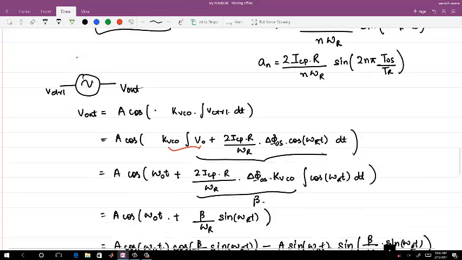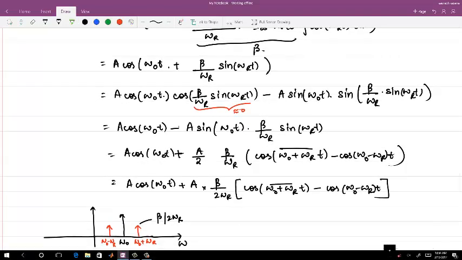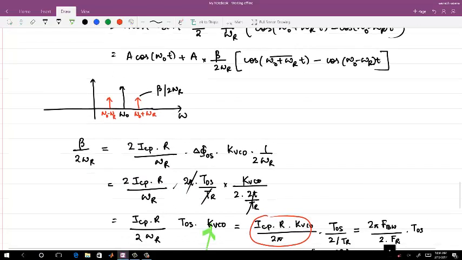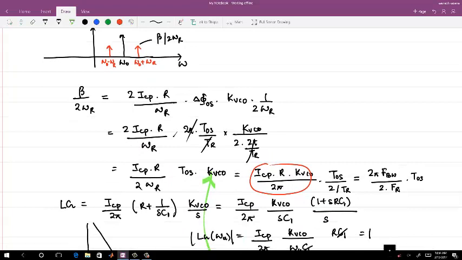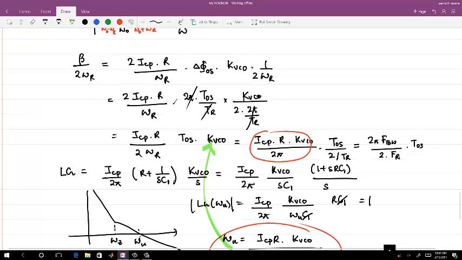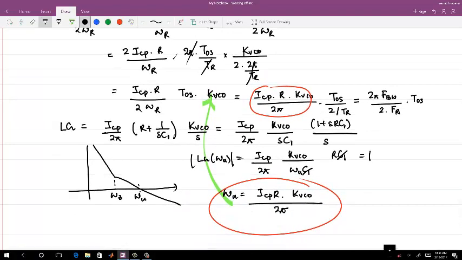Now 2 ICP R by omega r delta phi offset KVCO I am putting as beta, so that integral is cosine by omega r, and this should go as beta by omega r. I think there might be something else, but let me just get it here. 2 pi delta phi offset is TOS, that is also okay.